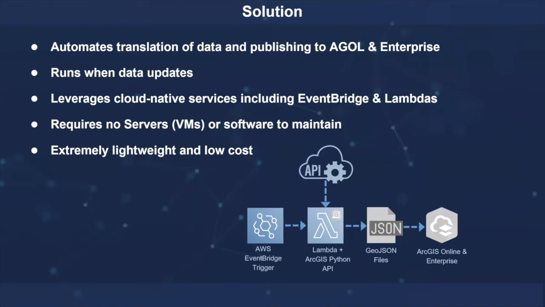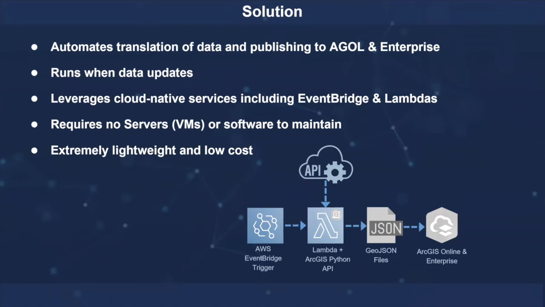It's incredibly lightweight, incredibly low cost. I think the code that I use for the Lambda is 46 megabytes total. So it's a small footprint. It's a much smaller footprint than having to maintain even a desktop tower.